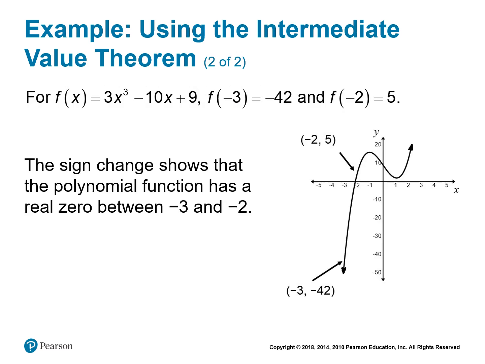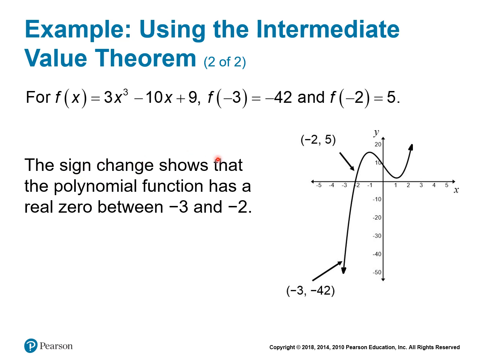Okay. So the graph associated with the function on which we applied the intermediate value theorem shows that there is an x-intercept, there is a 0 between -3 and -2. So we had evaluated this function with -3 as an input, and it gave us a negative y value, whereas when we input -2 into the function, we got a positive y value.